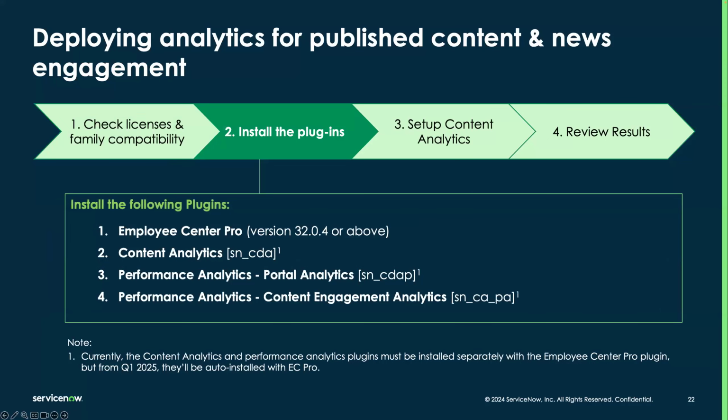For the plugins list, you would obviously need the Employee Center Pro application. And you would also need to separately download the Content Analytics plugin, the Performance Analytics Portal Analytics plugin, and the Performance Analytics Content Engagement Analytics plugin. So right now, you'll have to install all these 3 plugins separately in addition to the Employee Center Pro plugin.